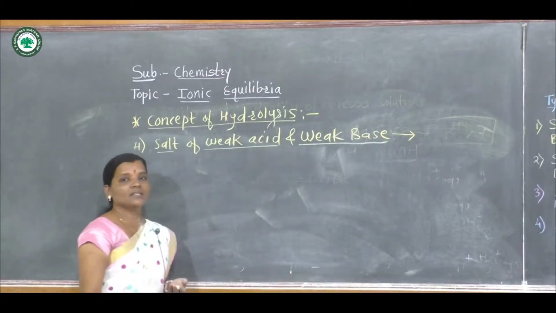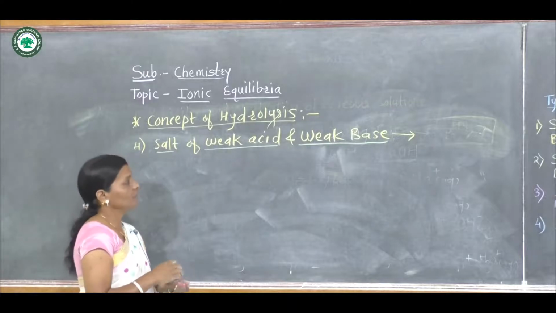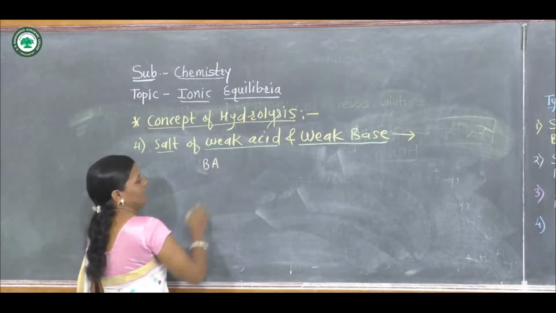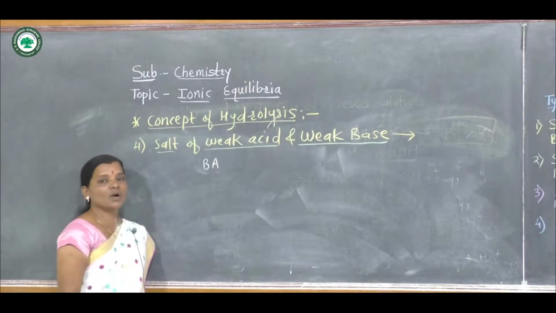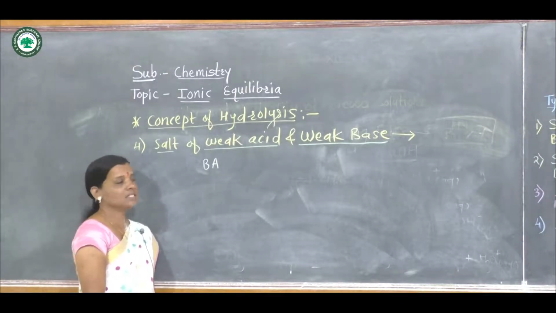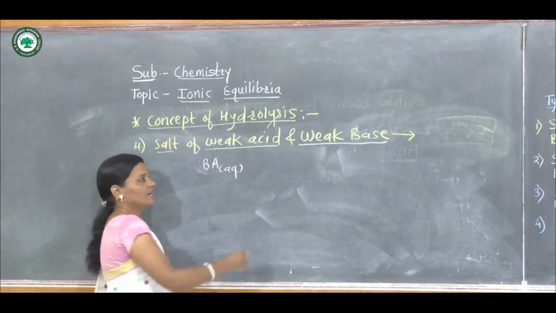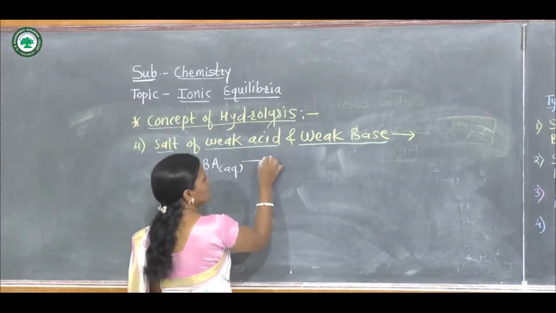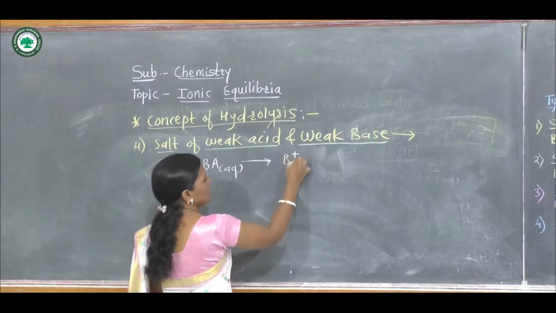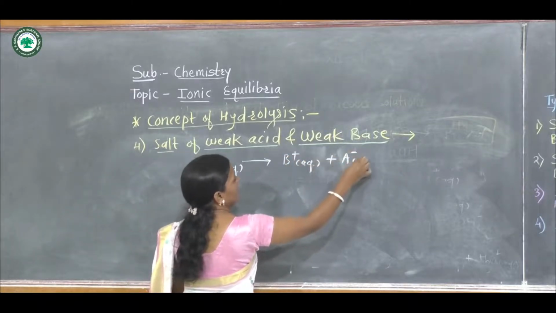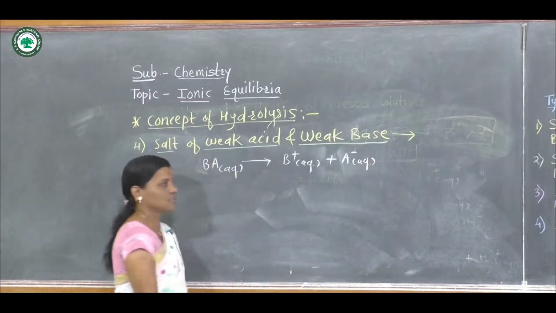Consider a general salt of weak acid and weak base, that is BA. When this salt is dissolved in water, it dissociates almost completely to form B plus cations and A minus anions.